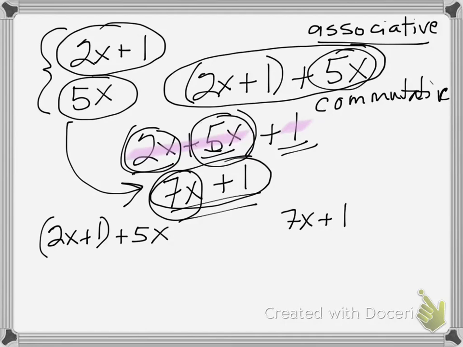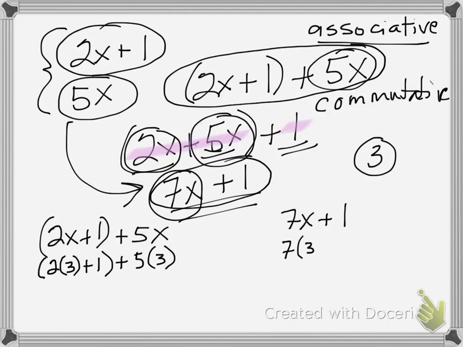This could be any number at all. Let's keep something that's really simple. Let's take 3, okay? So we are going to plug in 3 for our variable x. Therefore, we do 2 times 3 plus 1 plus 5 times 3, and then 7 times 3 plus 1, okay?